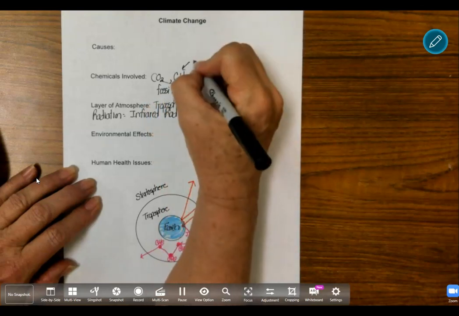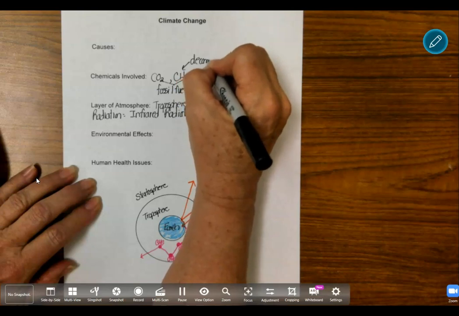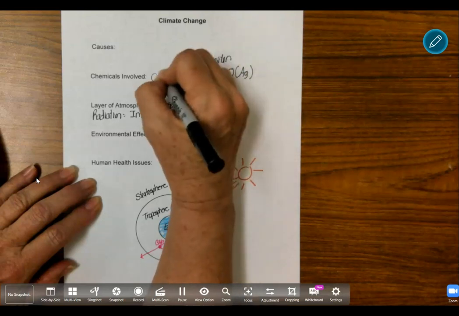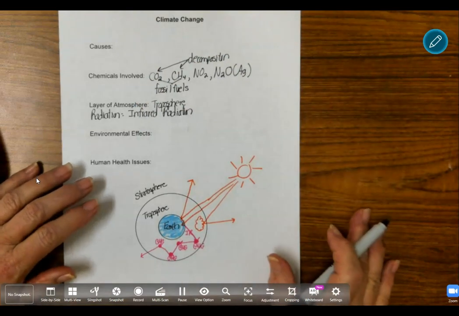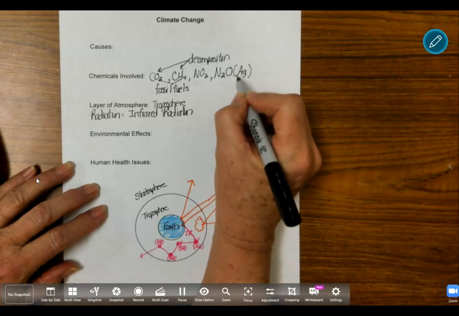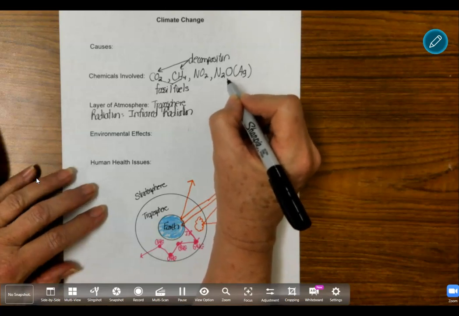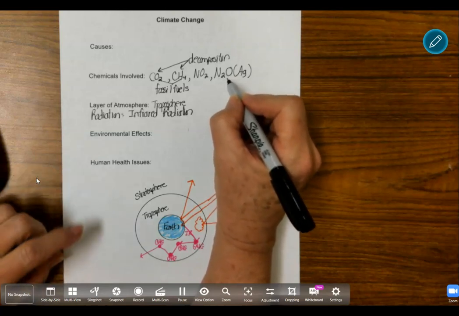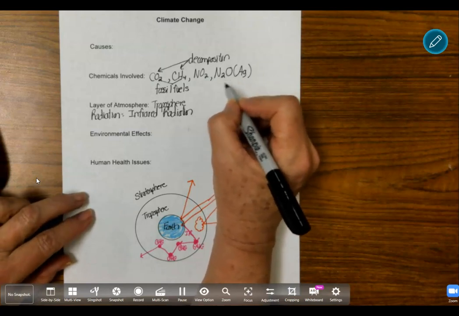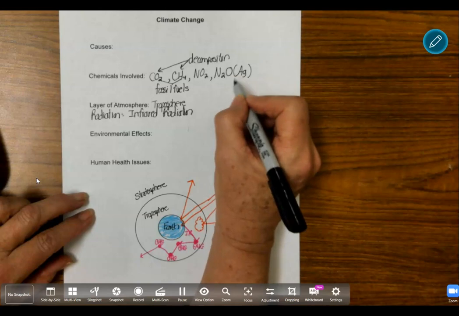This one can come from decomposition, as can this one. So we're going to talk about some of the processes that create these. But this agricultural component is important because as we add more and more fertilizer to our crops and our monoculture, we're putting more and more of this into our atmosphere.